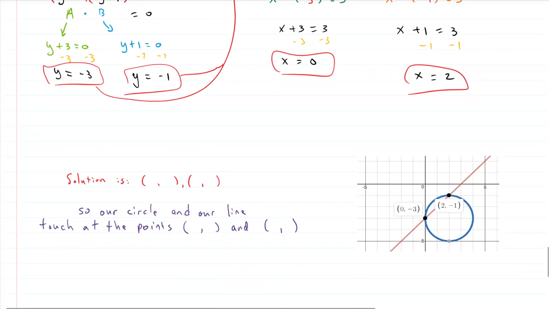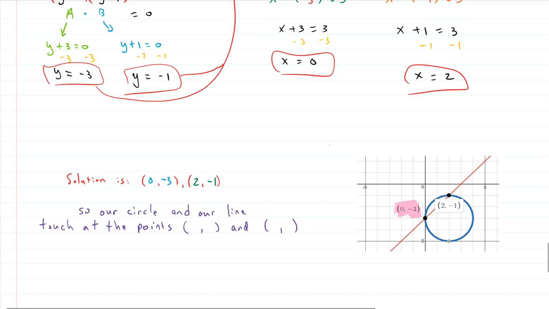Well, that tells us that our solutions were, for y equals -3, we have x equals 0. Was that surprising at all? No, because look down here at the picture, (0, -3). We knew that was the solution, but we just found it algebraically. That's kind of cool.